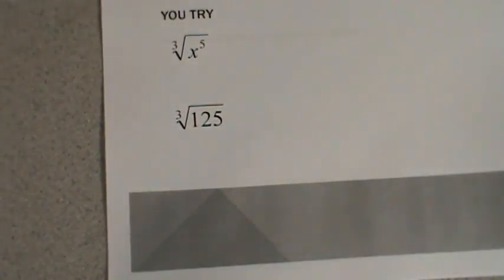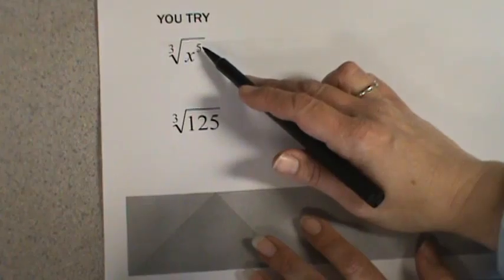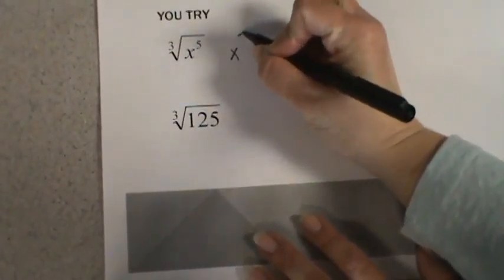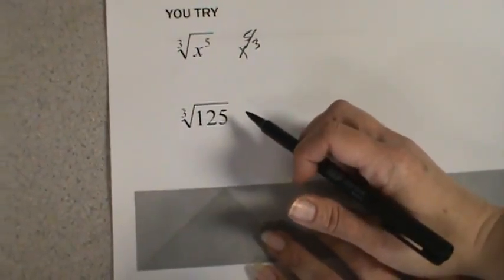I have a couple of examples here I would like you to try, and then I'll show you how to work it out. First one, remember your top number is the one inside, the bottom one is your root, so this turns into x to the 5/3. What I really want to show you is the one that's 125.